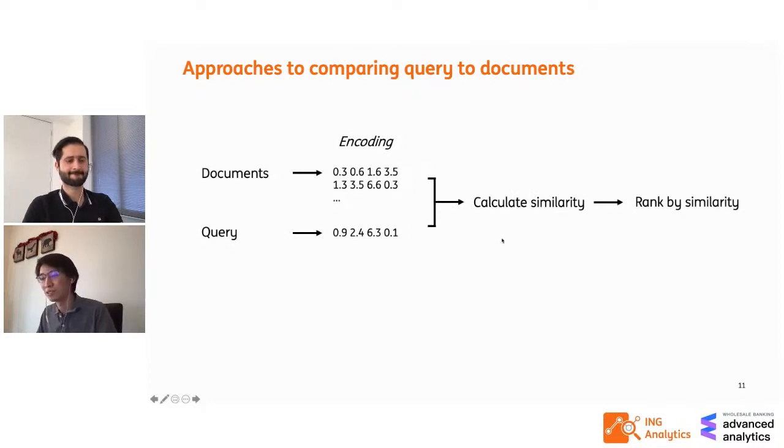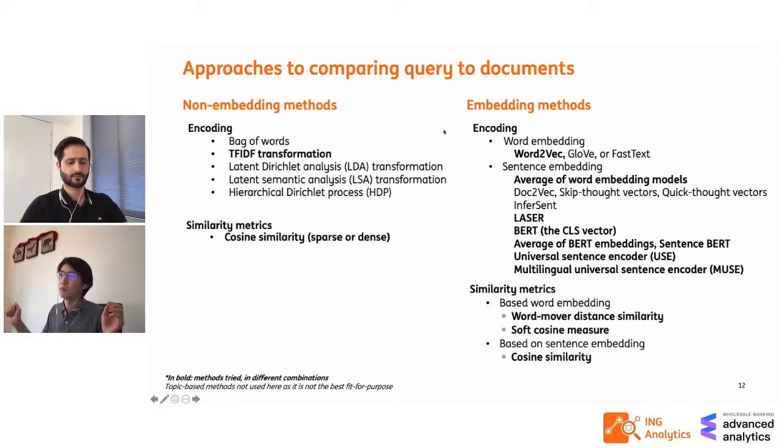The next two slides are going to look a bit busy, but I do have a very clear and concrete message for each of them. And that is really about, for example, the encoding step. You can categorize it broadly into two categories: non-embedding based methods or embedding based methods.